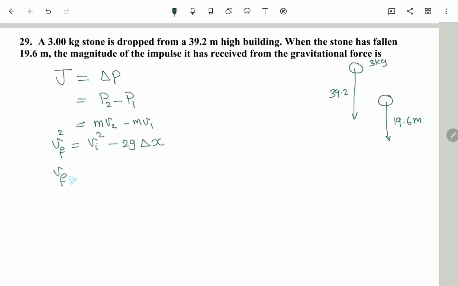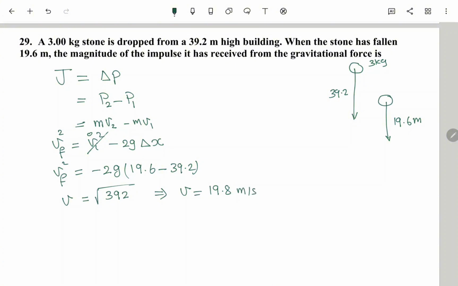So the final square equals, now initial, this one is equal to 0, so minus 2g times 19.6 minus 39.2, and v in this case will be equal to the square root of 392, or v equal to 19.8 meter per second.